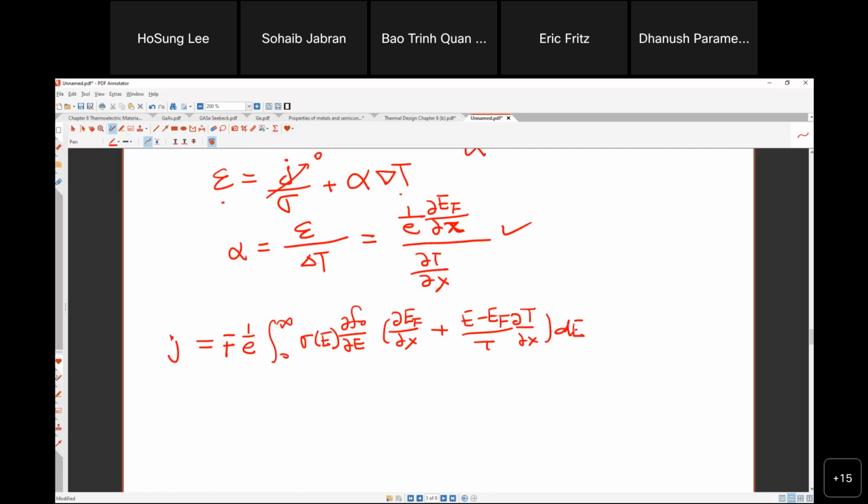I said that when we discuss the Seebeck coefficient, the current is zero. So this is zero, and then we'd like to look at these forms, using the relationship.